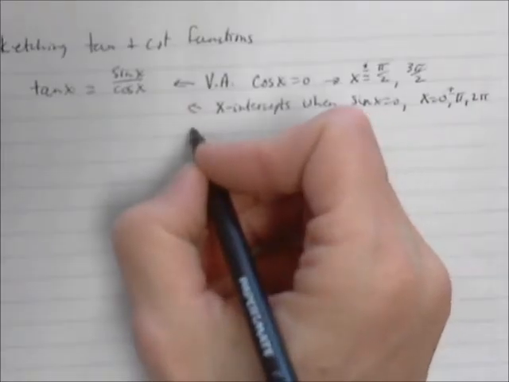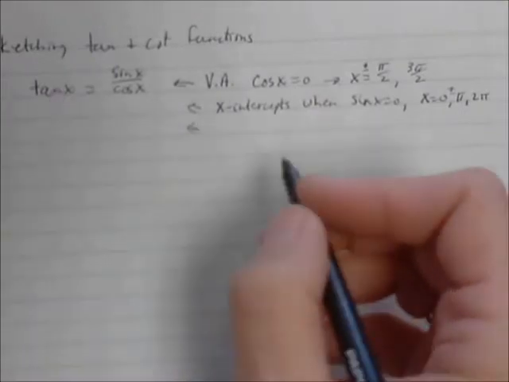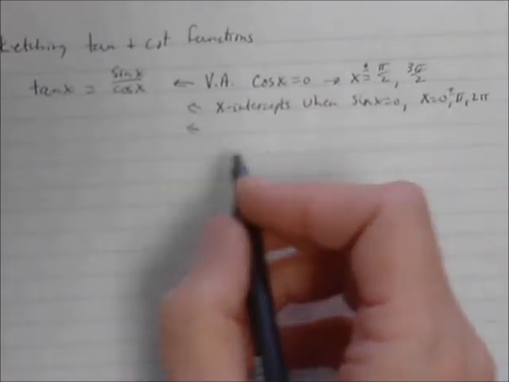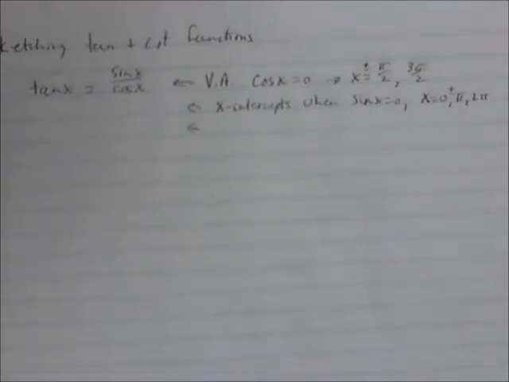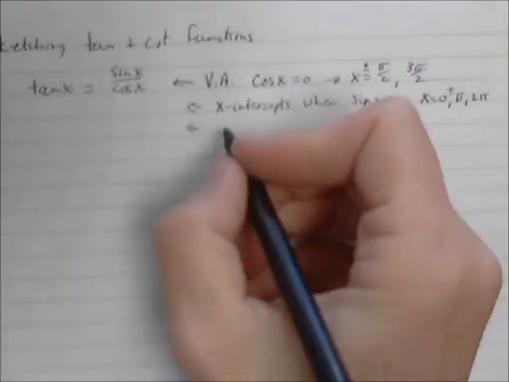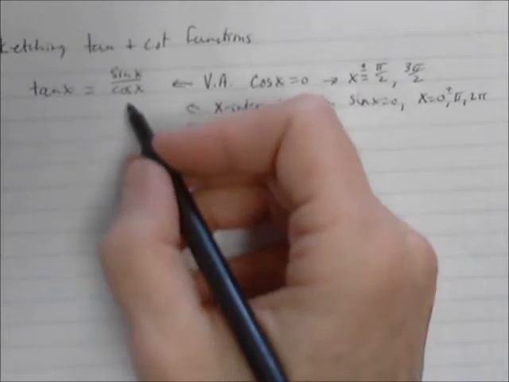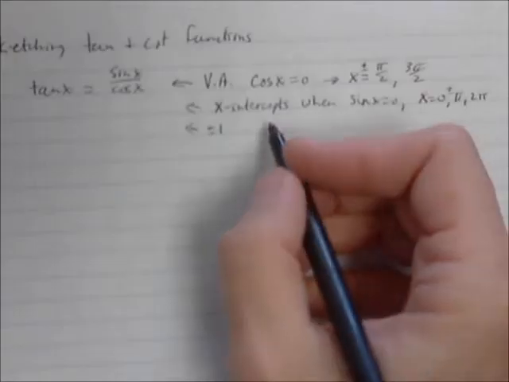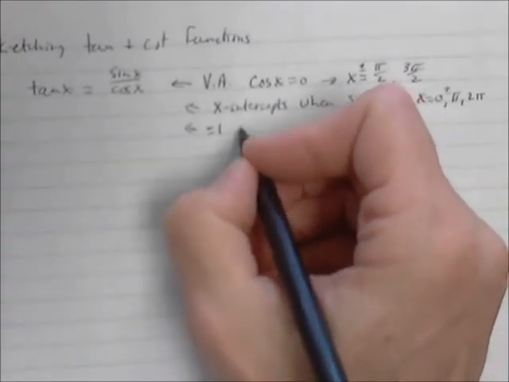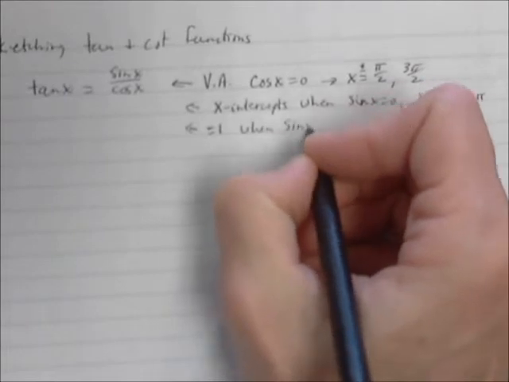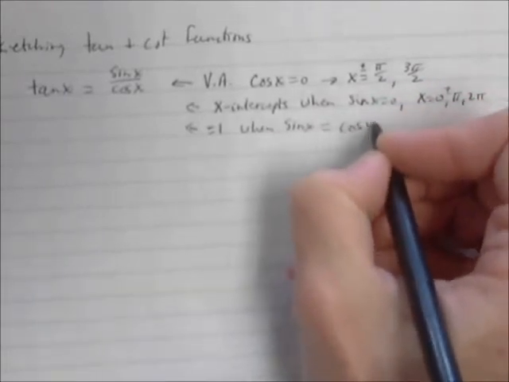And the other thing that the tangent has is tangent is equal to 1, and you probably remember tangent is equal to 1 at pi over 4. But it's equal to 1 whenever sine is equal to cosine, because anything over itself is 1. So it's equal to 1 when sine of x is equal to the cosine of x.